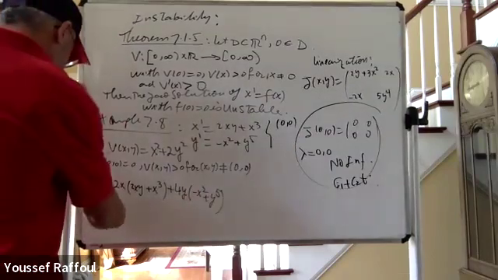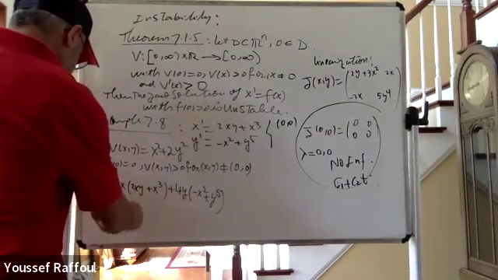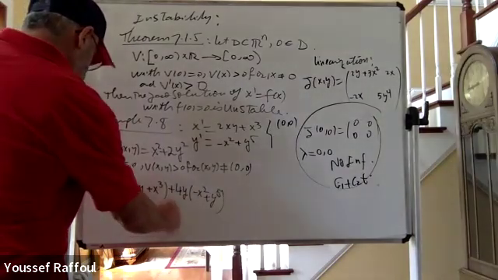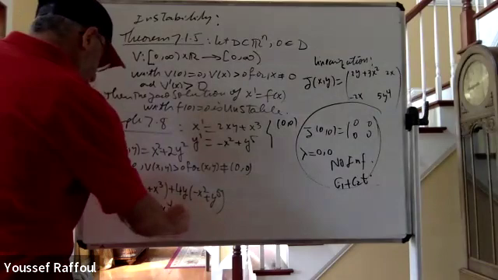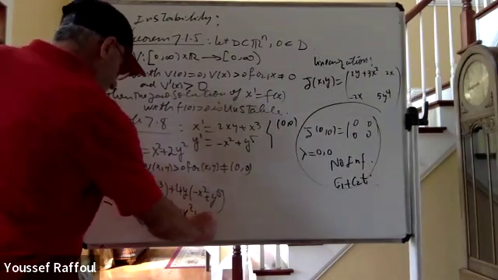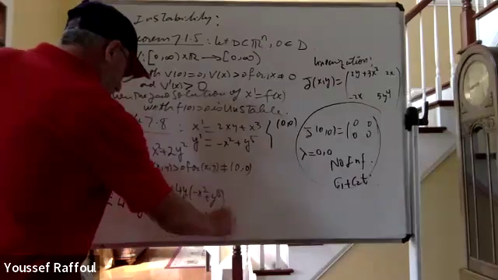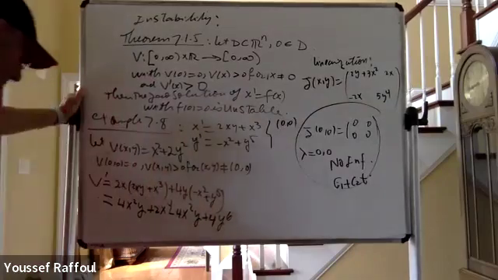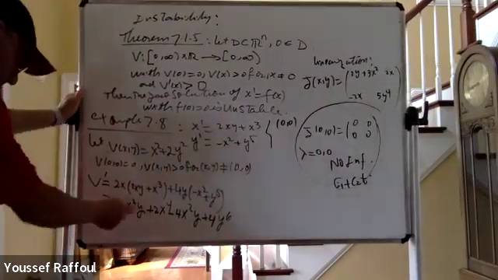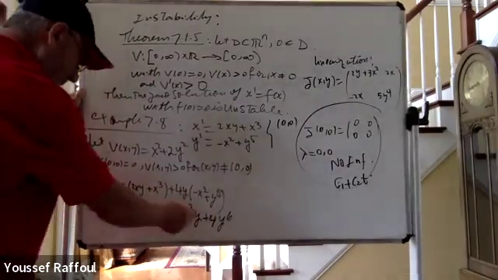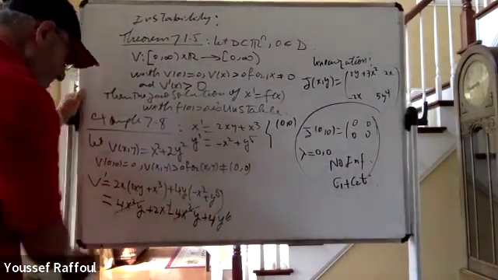And this is 4x squared y plus 2x to the 4th minus 4x squared y plus 4y to the 6th. Now you see 4x squared y could be negative, could be positive, but we're lucky it canceled with this.